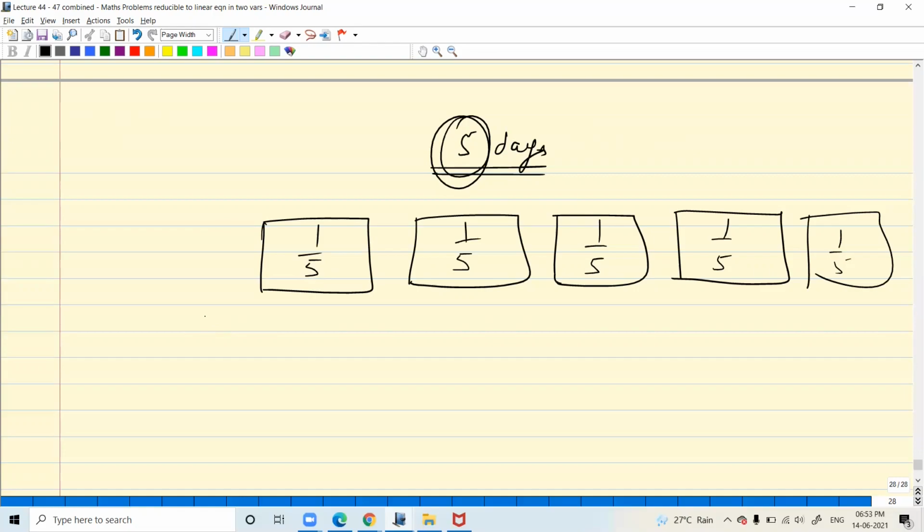Does it make sense to everyone? Some work can be completed by someone, we don't care. If some work can be completed in 5 days, each day you have to do 1/5 of the work.